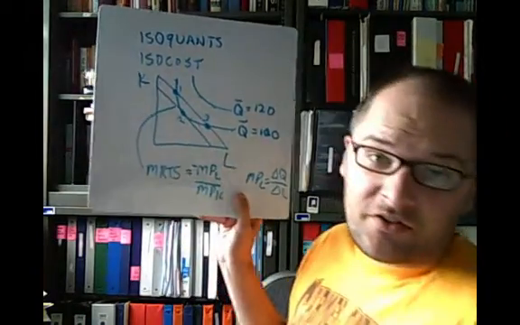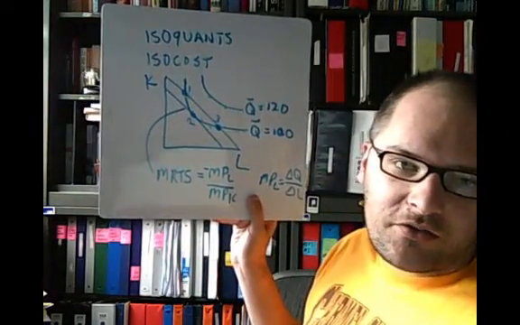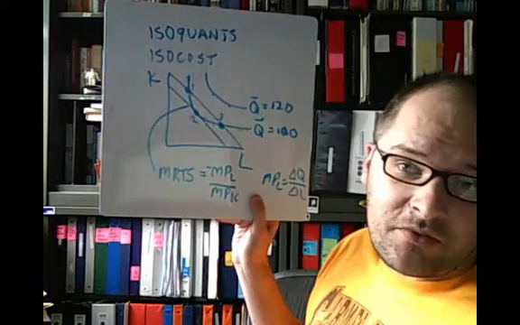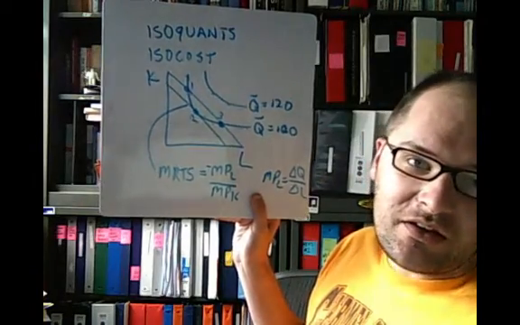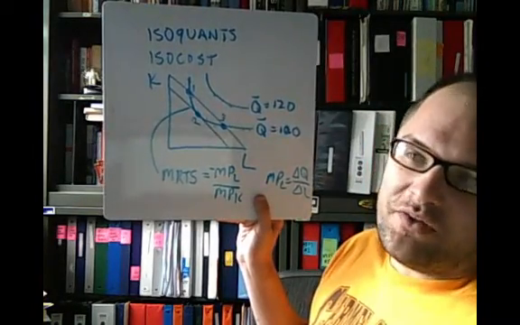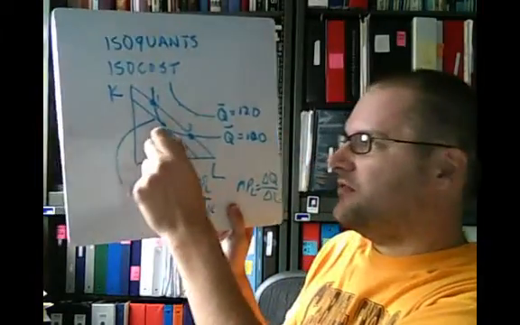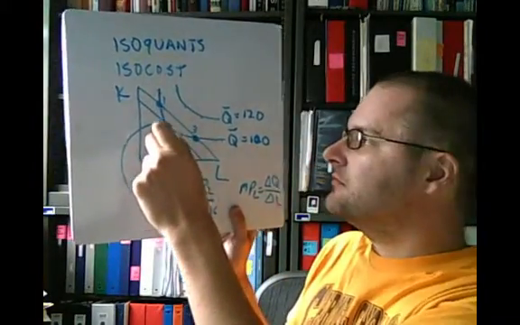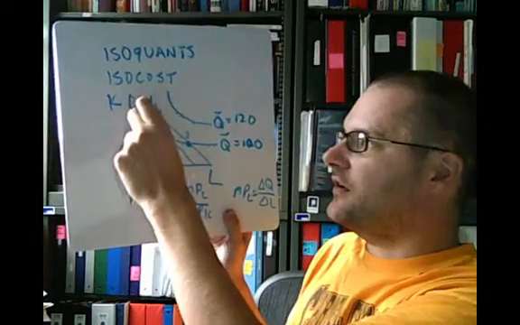But the firm, since it's trying to minimize its costs, is going to want to pick a combination of labor and capital that allows it to get the cheapest way of producing 100 units, which would be achieved at point 2. Now, these lines that I've drawn here are isocost curves. The isocost curve would basically say that for a budget of, let's say, $15,000, what are the combinations of labor and capital that I could afford?